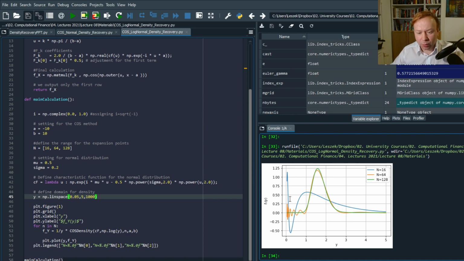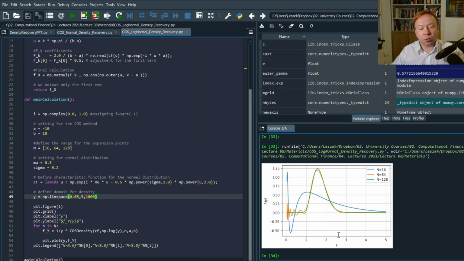You can see that the blue curve was for 16 terms, so it was completely off. Even the recovered density was negative. If we have 64 terms, this is the orange line. Although 64 terms is perfect for a normal distribution, it is definitely not good enough for a log normal distribution. And then once we had twice more, so 128 terms, we see that the green line nicely fits.